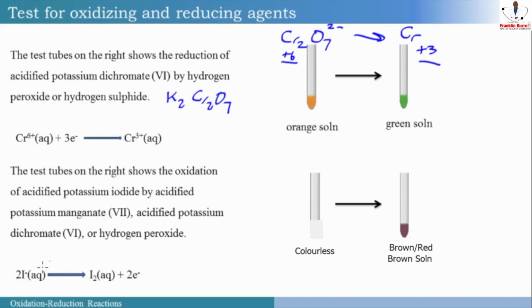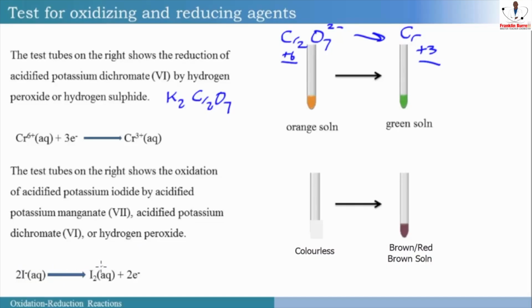In the event of I-, which is iodide ion, which is a reducing agent, if we should apply a substance, for example, an oxidizing agent, then the oxidizing agent will cause the iodide ion to increase in oxidation number.